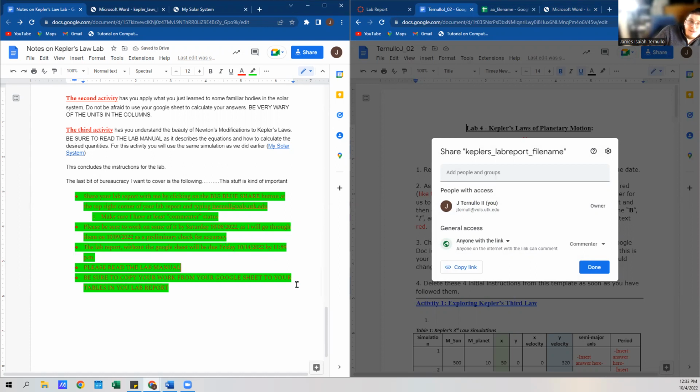Will be due Friday, October 14th by 11:59 p.m. I know that you guys have your test on Monday, so I want to give you an extra day to work on it. So please be sure to read the lab manual and be sure to copy your work from your Google Sheet to your tables in your lab report.